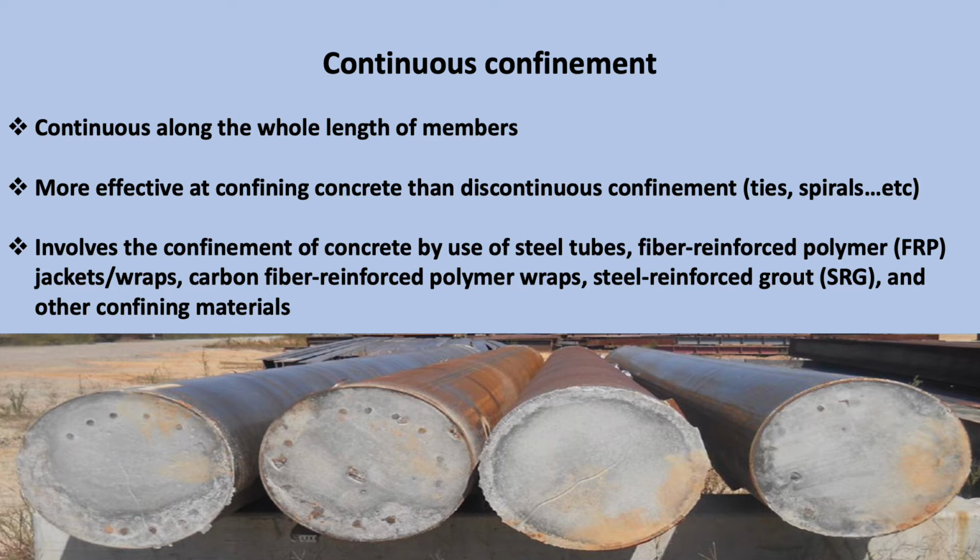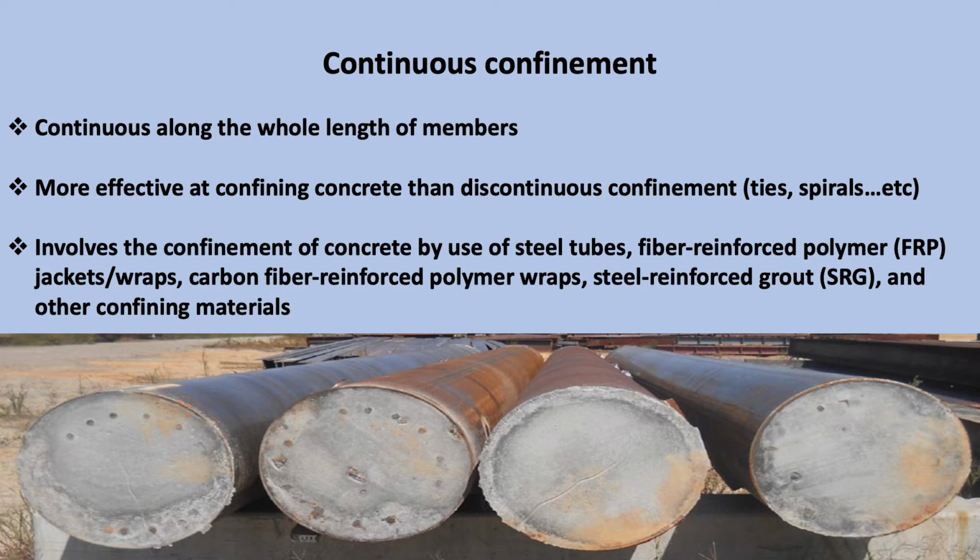Continuous confinement, which will also be the focus of this presentation, refers to confinement that is continuous along the whole length of concrete members. And continuous confinement is more effective at confining concrete than discontinuous methods such as the use of ties or spirals.